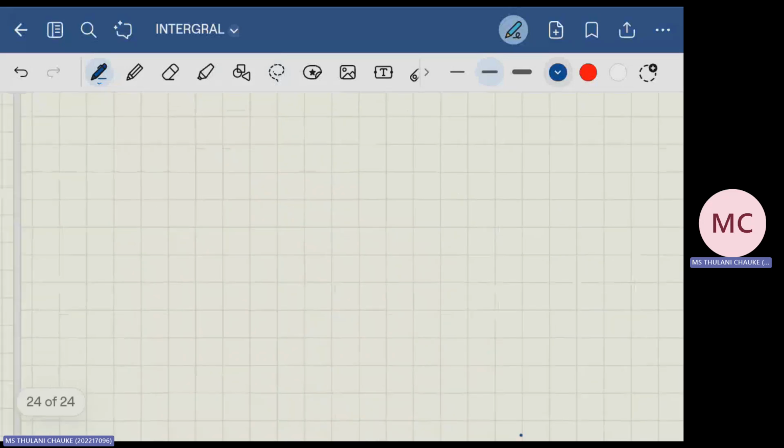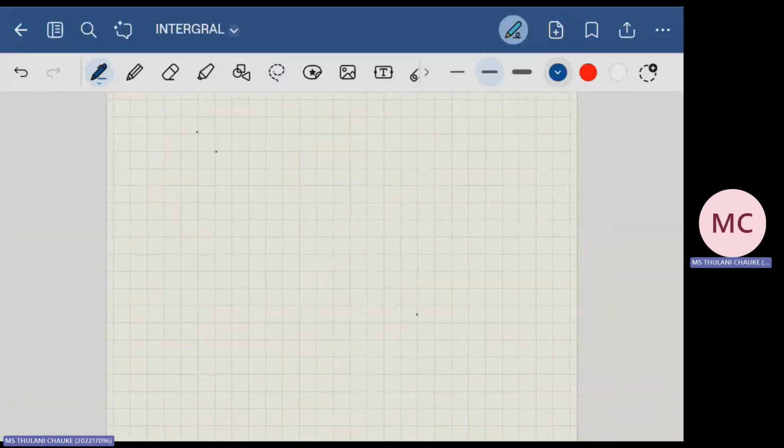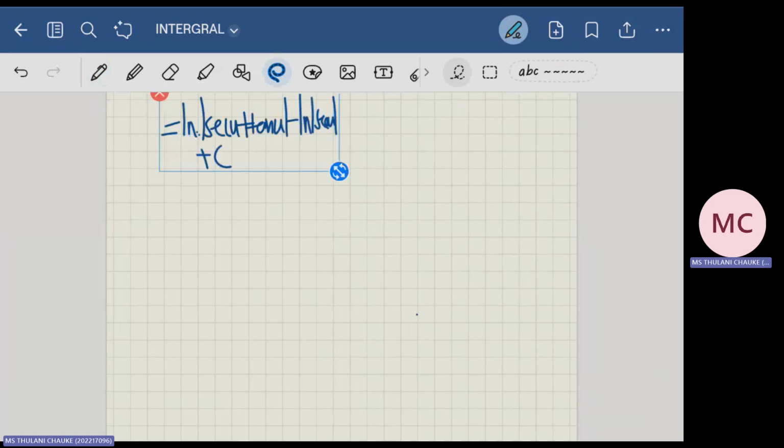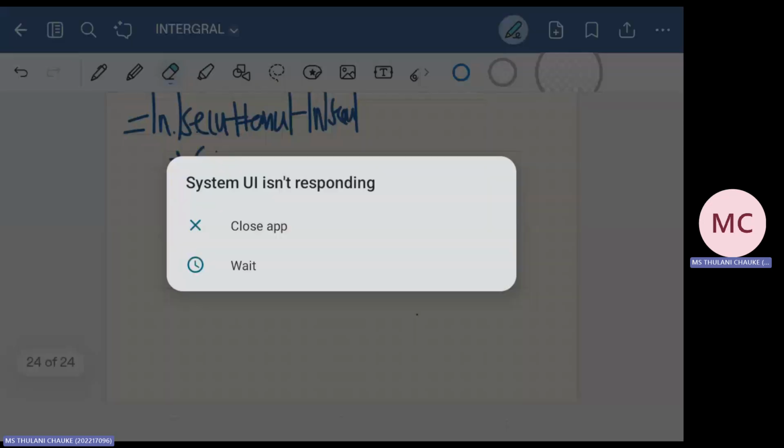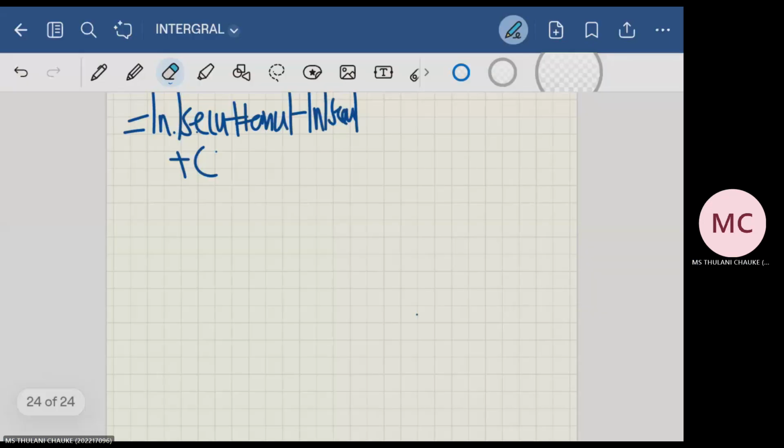This is our answer, but then we'll have to replace it in terms of x. Let's just put this plus c here.